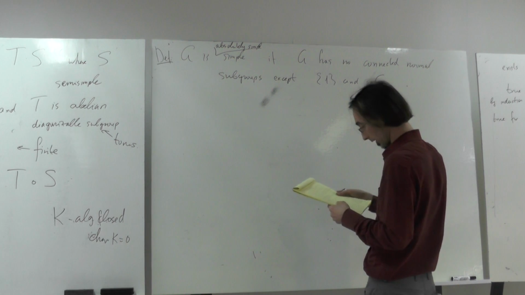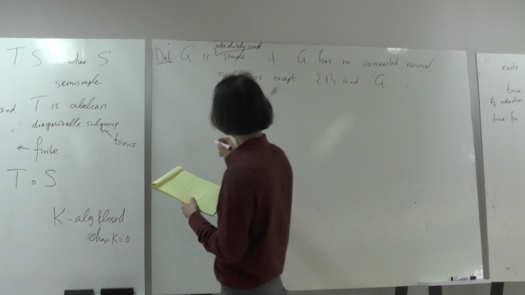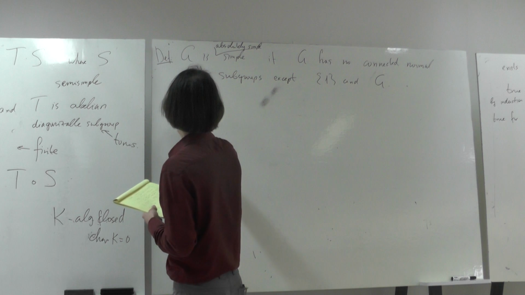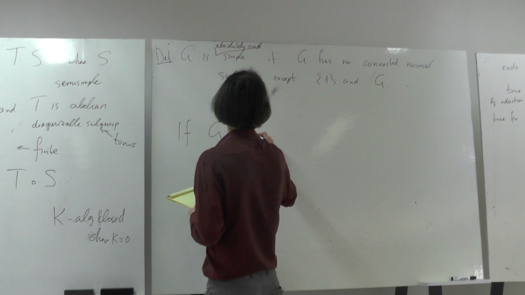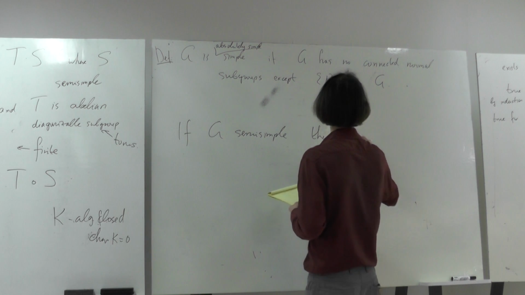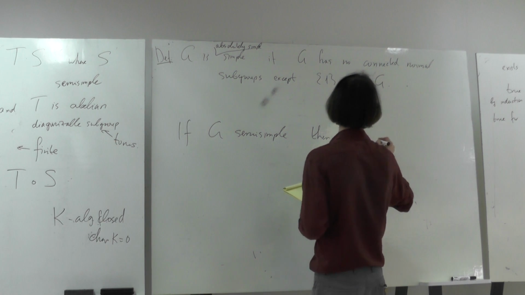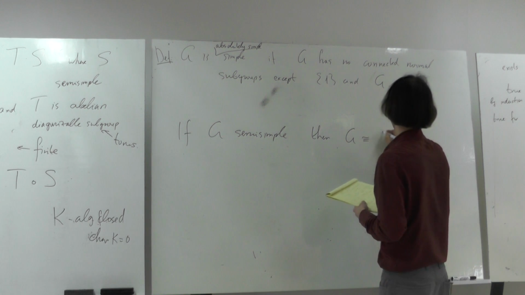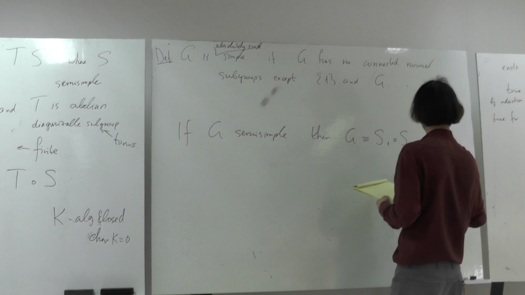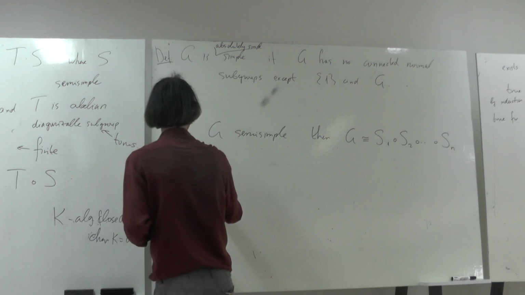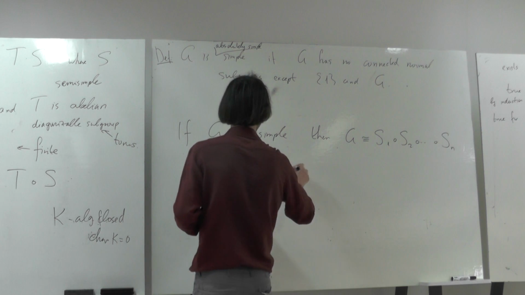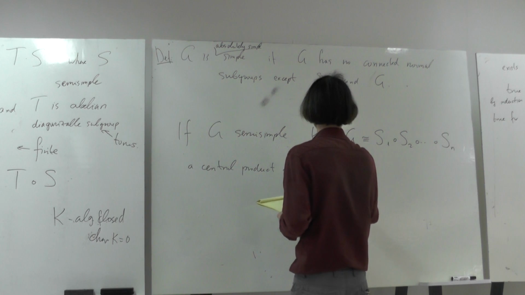And now let's discuss a little bit about semi-simple groups. A semi-simple group is basically almost a product of simple groups. So if G is semi-simple, then basically G is isomorphic over K to a central product of some n simple groups.